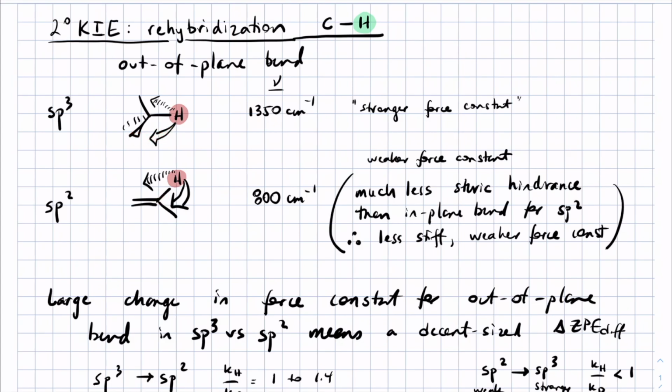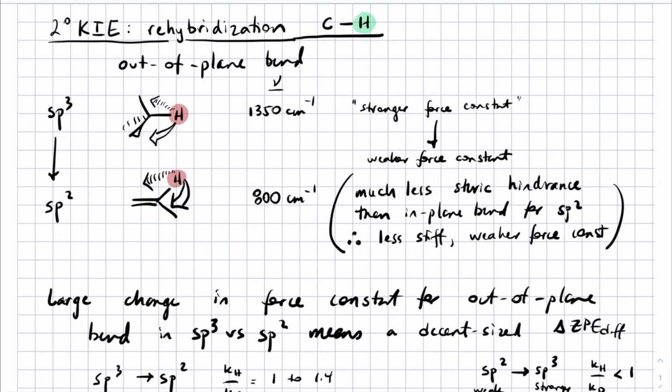There are methyl groups to sort of bump into for the out-of-plane bend on the sp3 carbon, but not as many things to bump into for the out-of-plane bend on the sp2 carbon. So in changing hybridization from sp3 to sp2, we're changing a force constant from stronger to weaker.